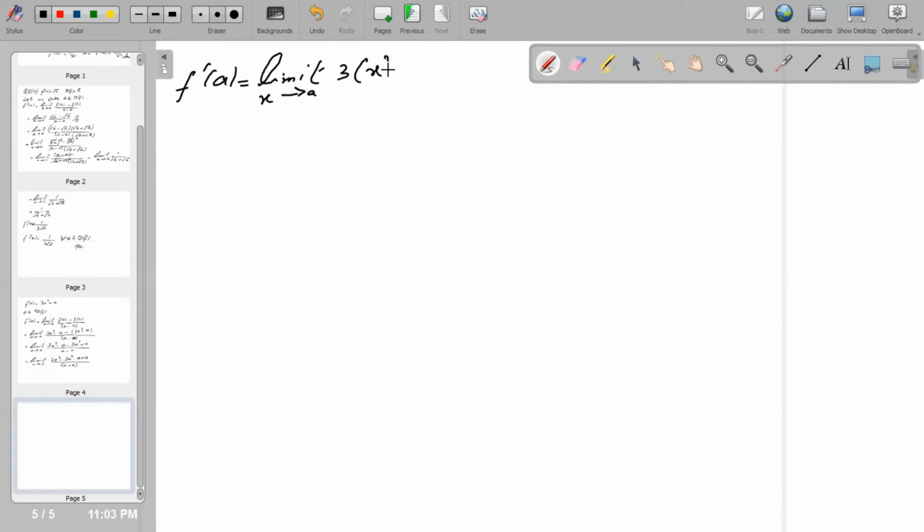So this is 3 times x cubed minus a cubed, and this is minus 1 times x minus a, divided by x minus a.